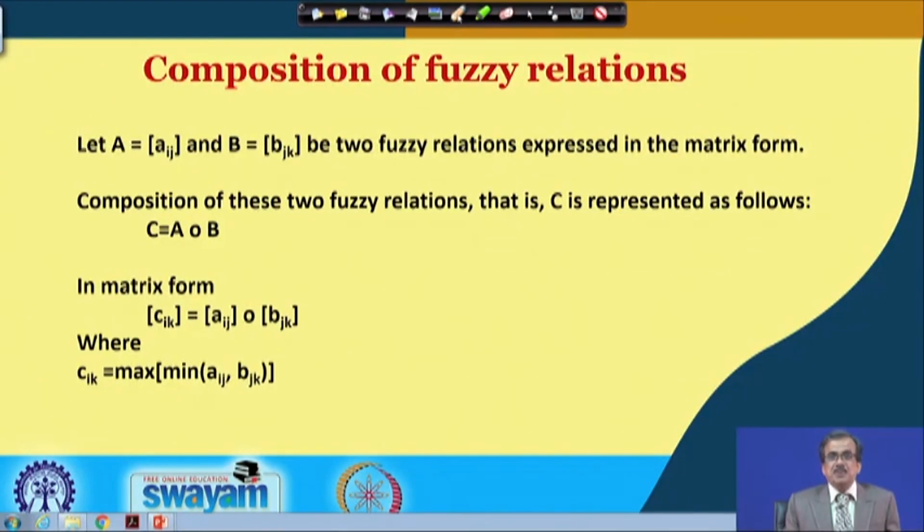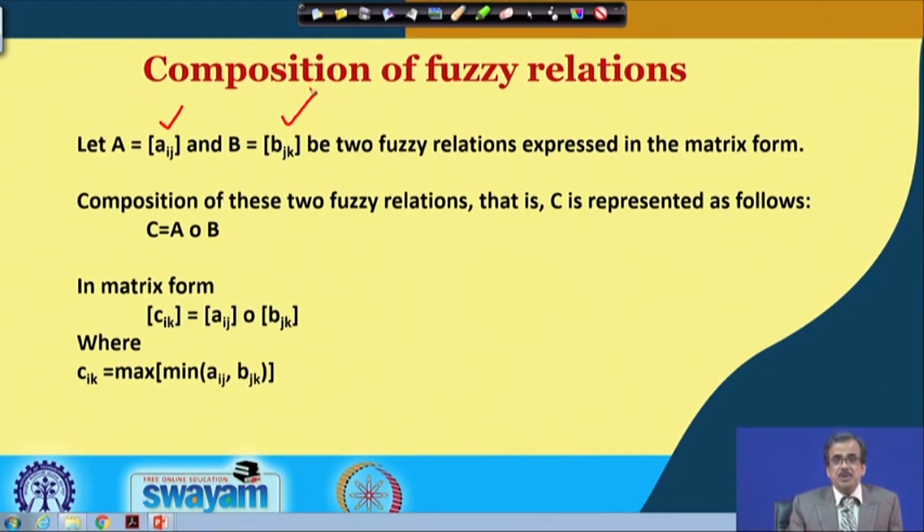Now we are going to discuss how to determine the composition of fuzzy relations. Supposing that I have got two fuzzy relations in the matrix form. For example, A is A_ij and B is B_jk.